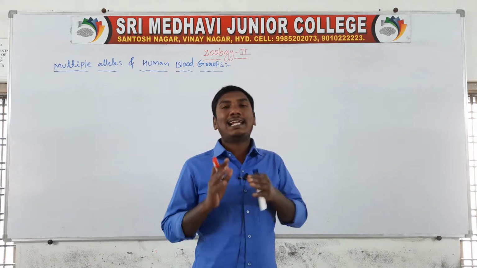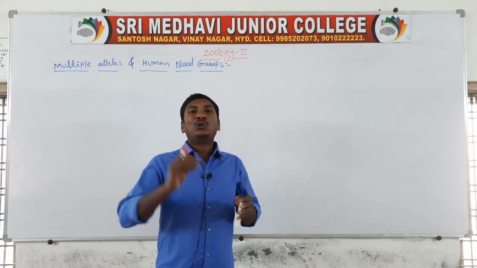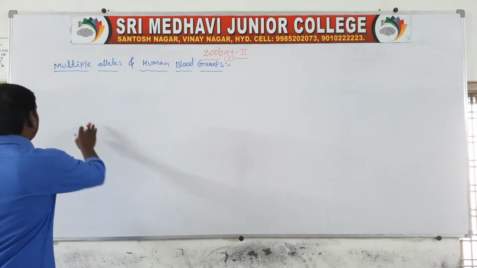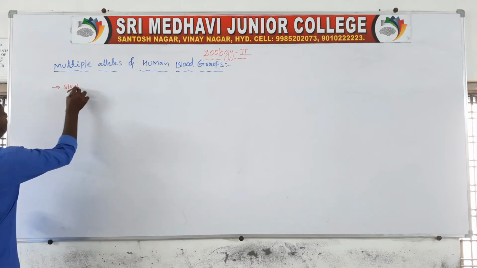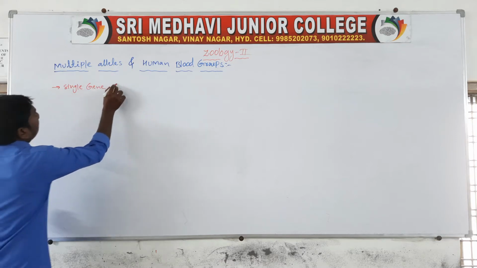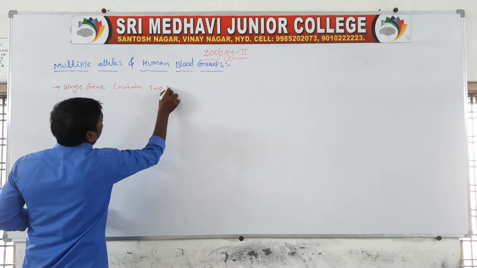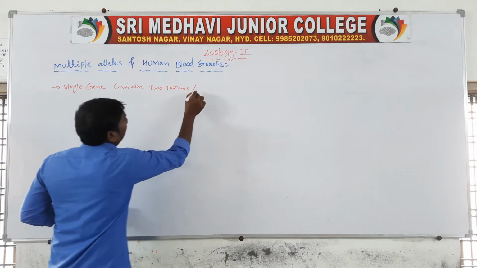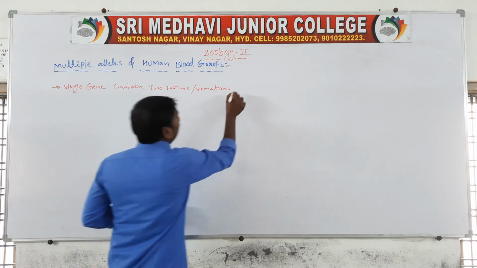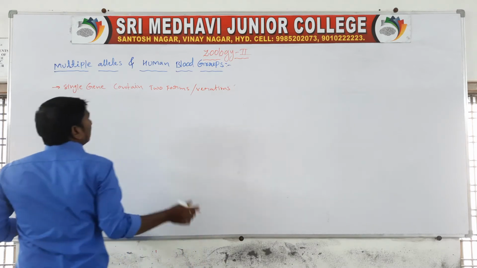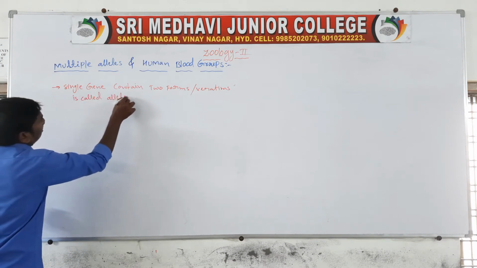Multiple alleles: normally a single gene contains two forms or variations. These two forms or varieties of a single gene are called alleles.